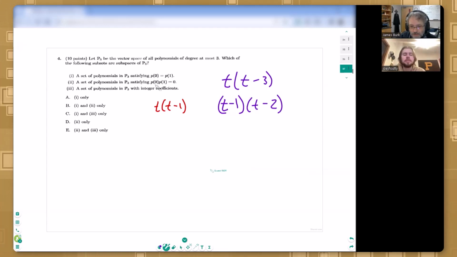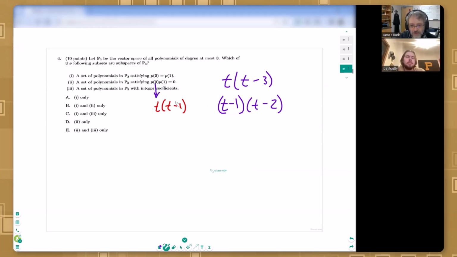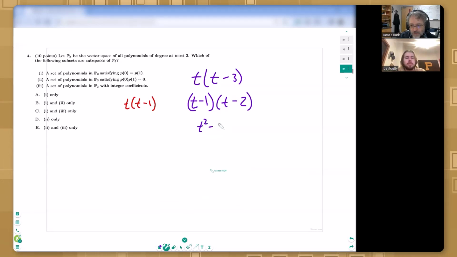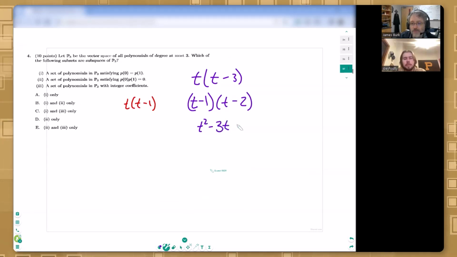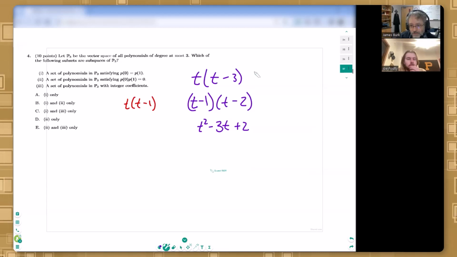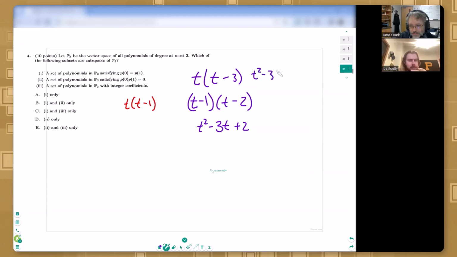So don't say I have to make that 0 and I have to make that 0. It's just a possibility. Okay. Let's just explore it a little bit further. If you were to take this thing, expand out, you would get your 2t minus 3t plus 2. And up here, you get your t squared minus your 3t.